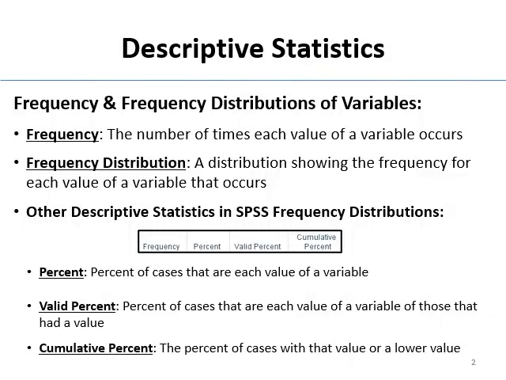Finally, cumulative percent is the percent of cases that had a value that was that level or lower. So the cumulative percent, for example, of 28-year-olds would tell you the percent of folks who are 28 or younger. And so it's actually one that students have problems with, so I'll go over it.